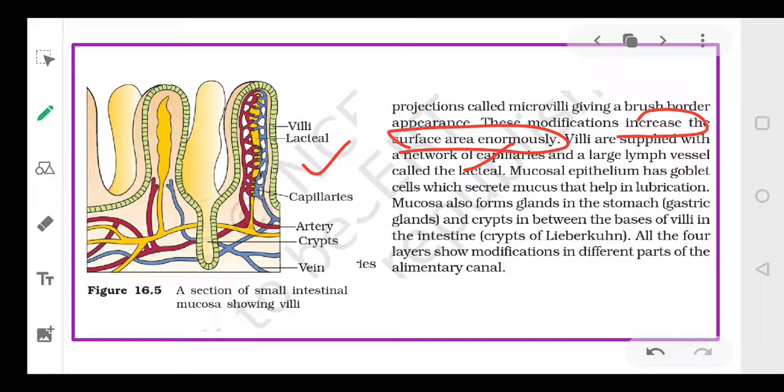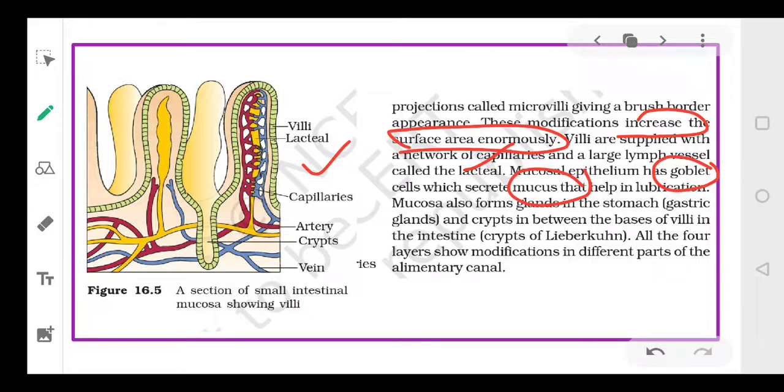And your mucosal epithelium contains goblet cells. What does it contain? Goblet cells, and these secrete mucus, which helps in lubrication and makes your passage smooth. Now this mucosa will form glands.